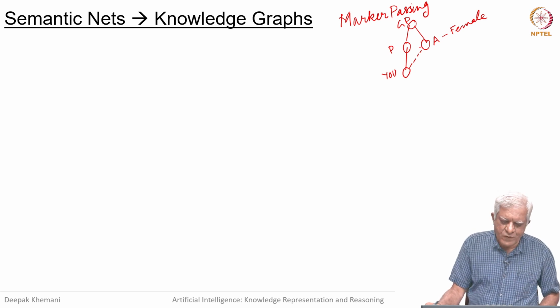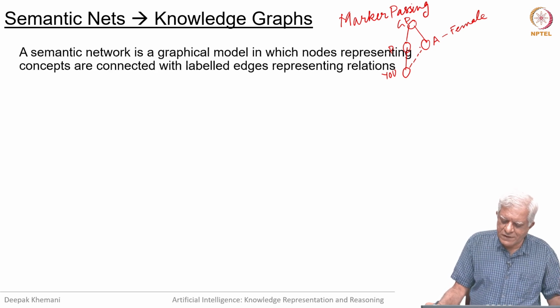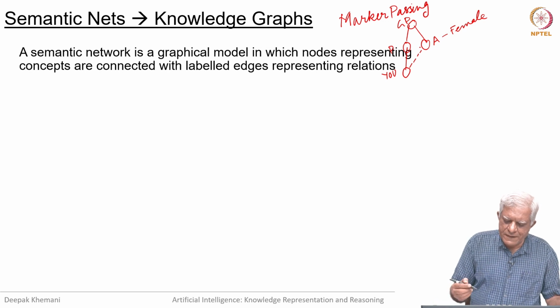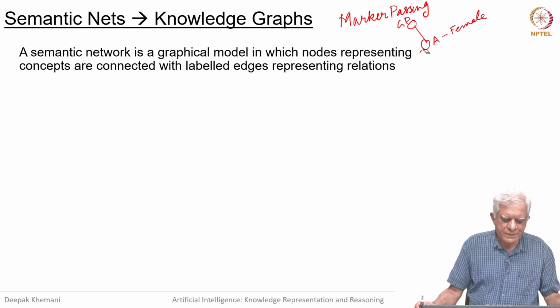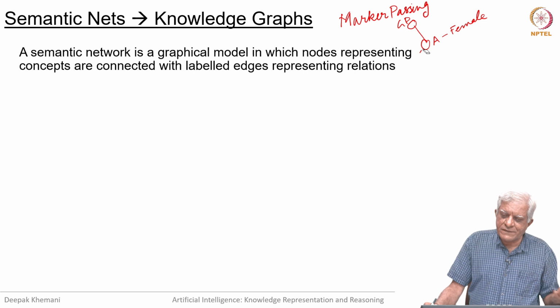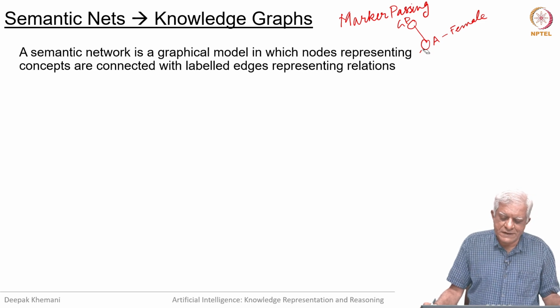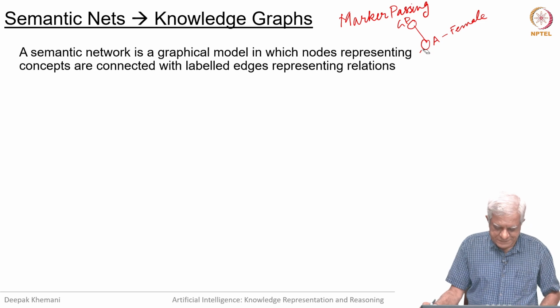Nowadays, people have moved towards something called knowledge graphs. A semantic network is a graphical model in which nodes representing concepts are connected with labeled edges representing relations.